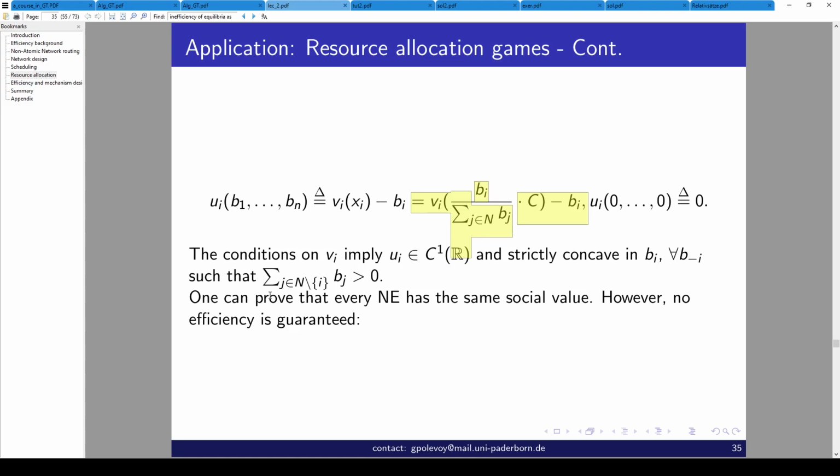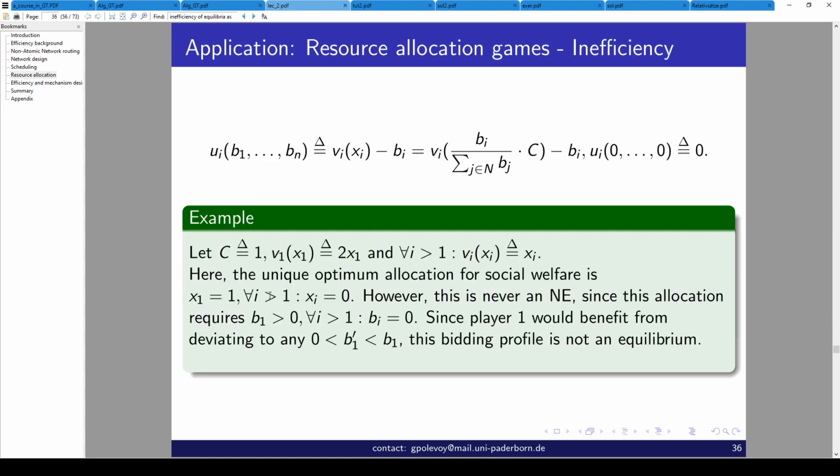There are games where this unique social welfare of the Nash equilibrium is suboptimal. For example, when you have a game where the value of player 1 is twice the outcome she gets, and the value of every other player is just the outcome she gets.